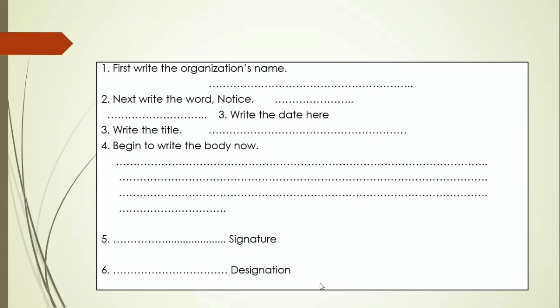Now you can start writing the body of the notice. It will go on for 2 or 3 sentences, maybe sometimes 4 or 5 sentences. After that, you place your signature, then the designation. It may be either one line, 2 lines, or sometimes even 3 lines. There's no problem.